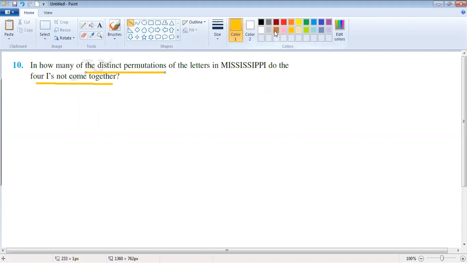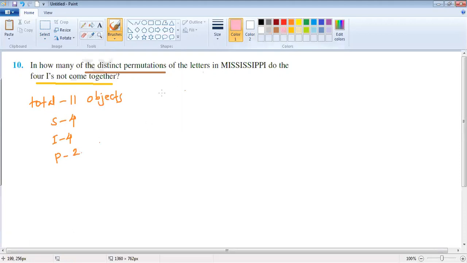सो अभी just हमने किया था, total 11 objects are there. उसमें से हमने देखा S 4 times आ रहा, I is coming 4 times, P is coming 2 times.